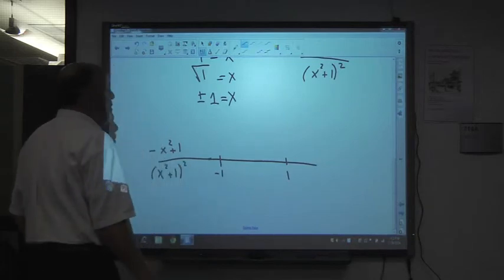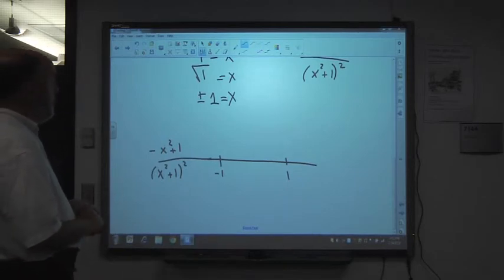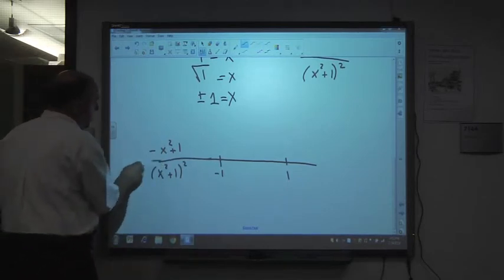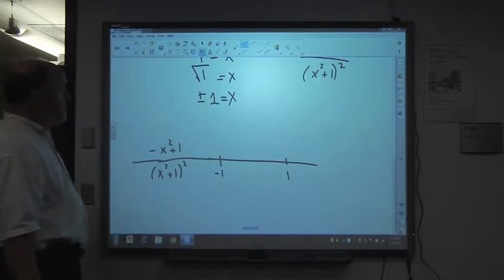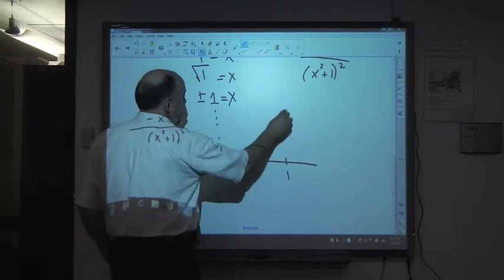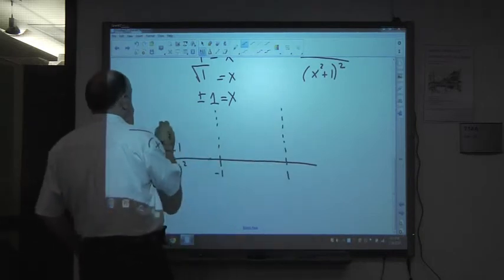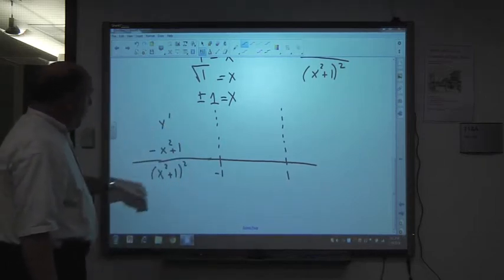Okay. So we'll put that down there. And again, we want to look and see what's going on here in this case. And now we got our y prime. Okay. Well, let's first look at our denominator.